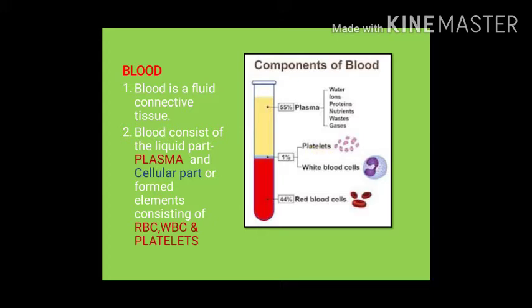Platelets are also known as thrombocytes, and white blood cells is WBC, which is also known as leukocytes. And 44% is made up of RBC, which is red blood cells, also known as erythrocytes.